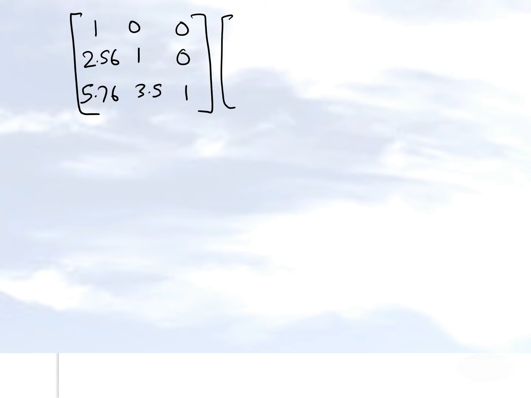So the L times Z equal to C would look like this. So that's our L matrix. And then this is our Z vector, and this is our right hand side vector.